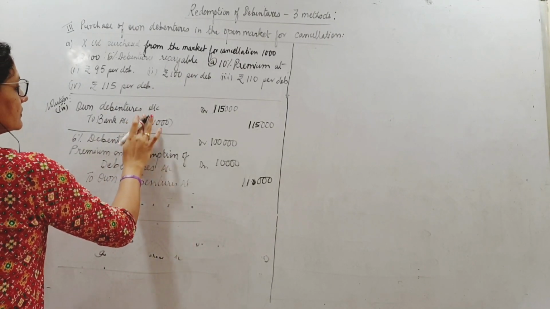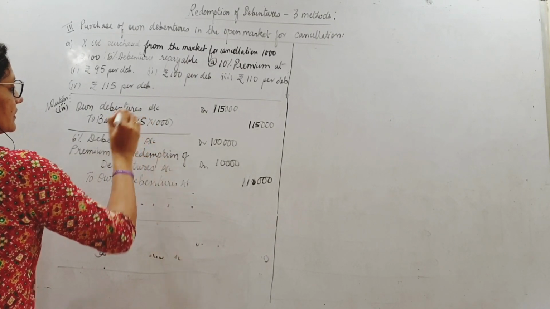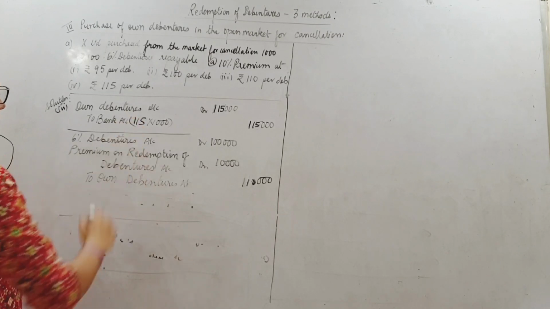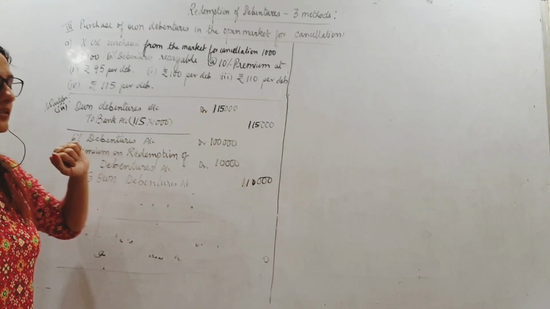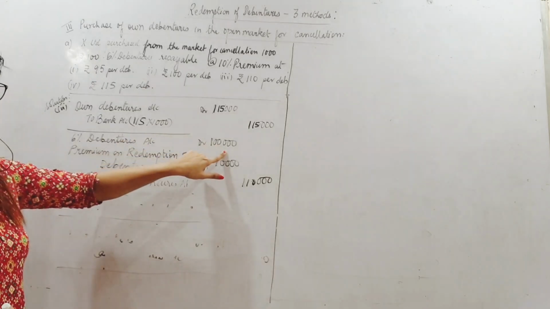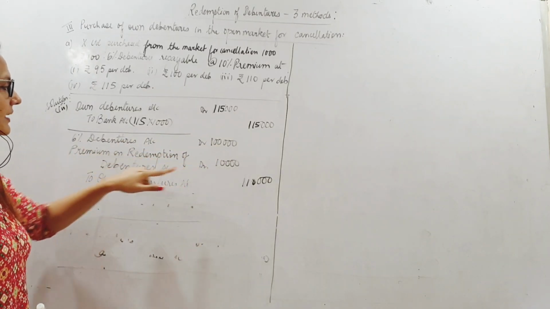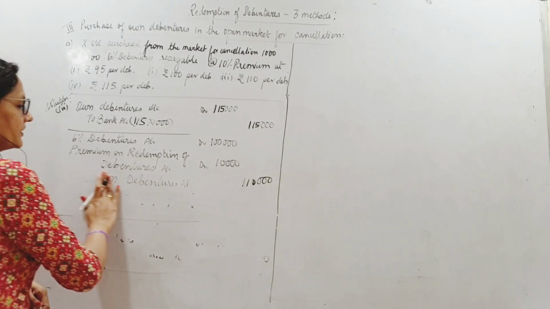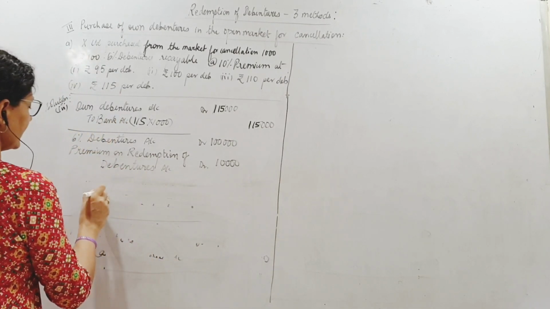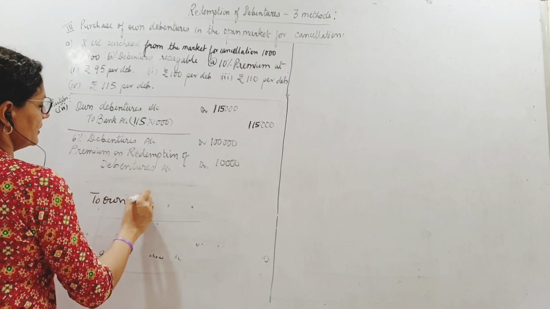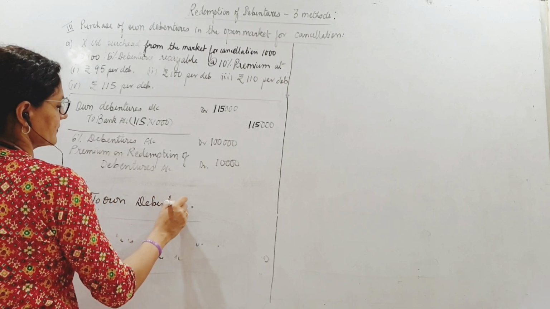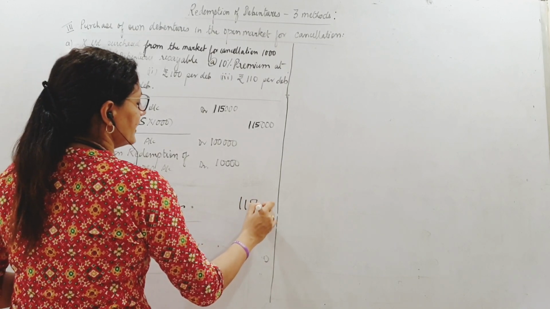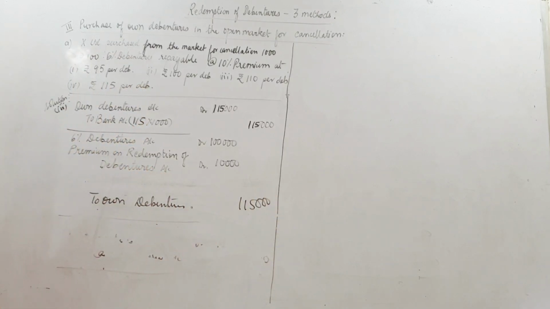So, now tell me, 6% debit. When I cancel 6% debentures, yes, debit. Premium on redemption of debentures, yes, debit. But I have to credit my own debentures, which are worth 1,15,000.